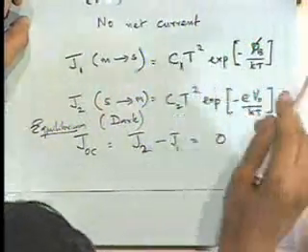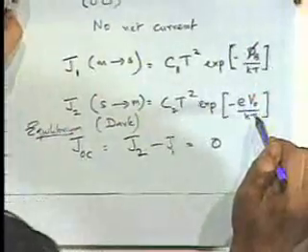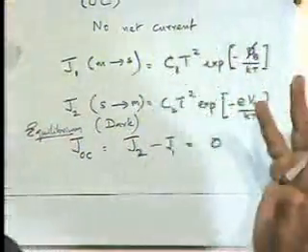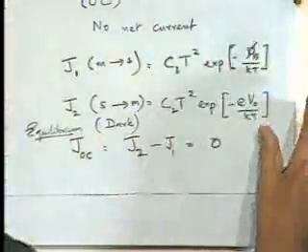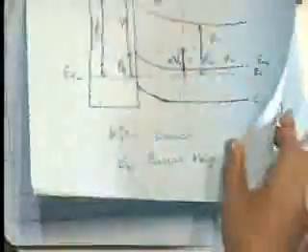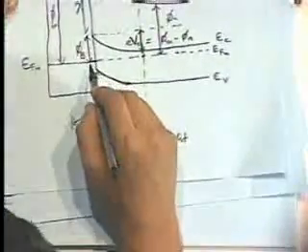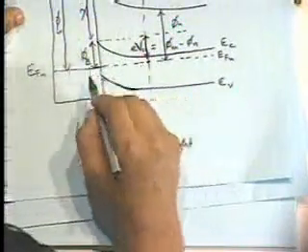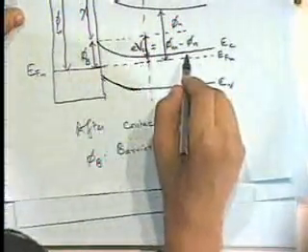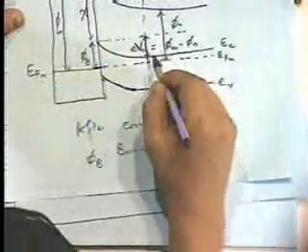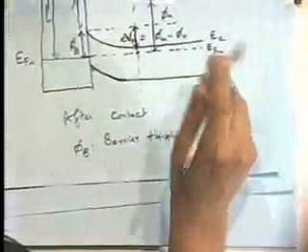But effectively, phi b is not equal to EV naught. That's what I just showed. Phi b is greater. But there is some difference in that constant. It's some constant multiplied by the barrier. It is related to how many electrons may be available on this side that can make the jump. It is the probability of the jump over a barrier phi b versus the probability of how many electrons here make the jump over the barrier EV naught.